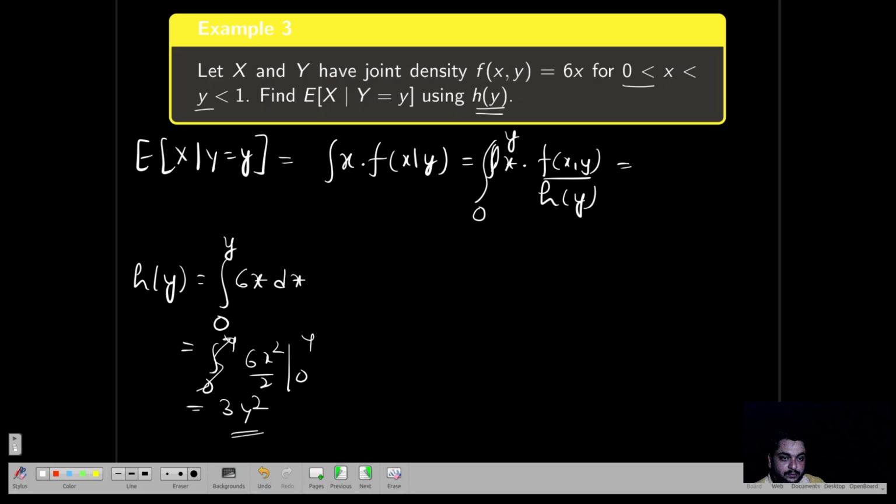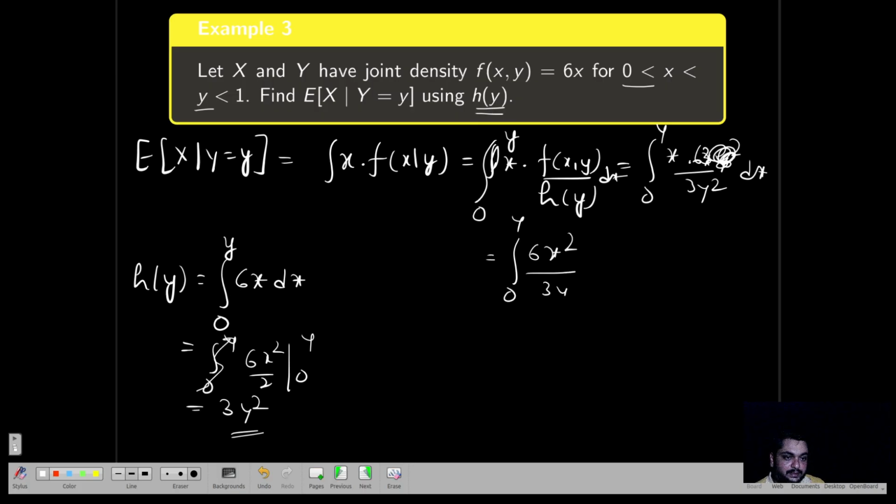Next, you substitute here, 0 to y, x into what we got, 3y square. Sorry, x into the density function 6x divided by 3y square dx, that is 6x square divided by 3y square into dx.